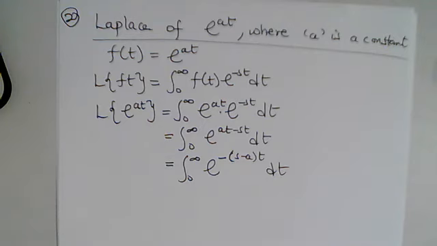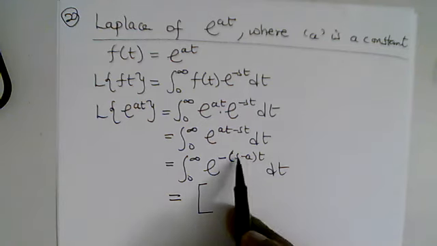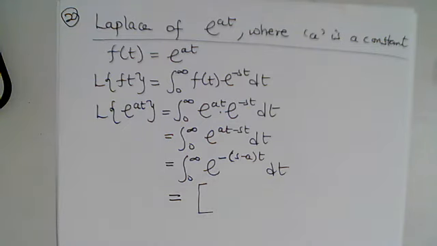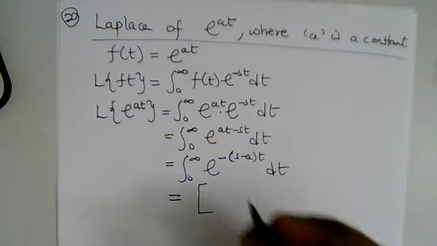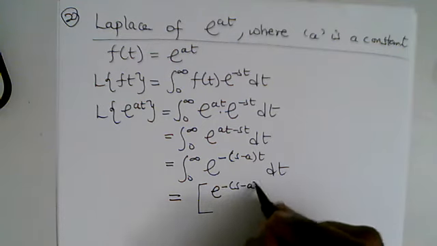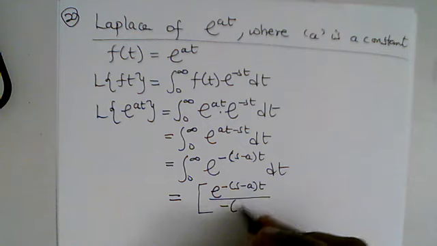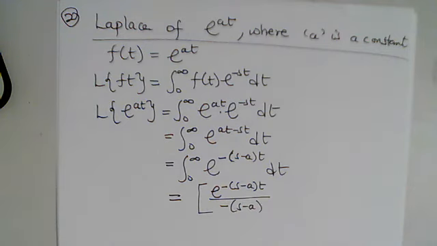Now the next step is we do our integration. We first differentiate the power of the exponent, and then you divide the result by it. So you have e to the power minus (s minus a)t over, when you differentiate this, minus (s minus a).